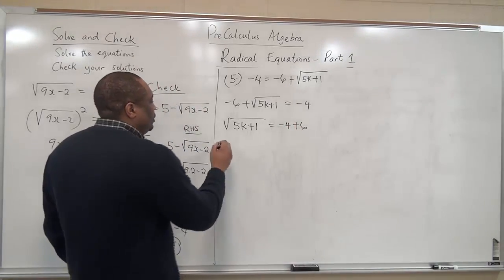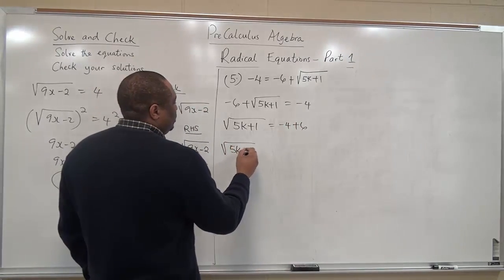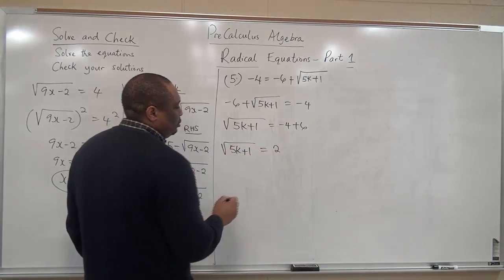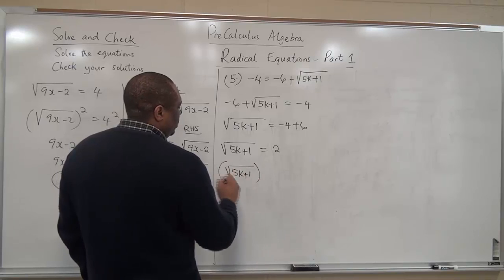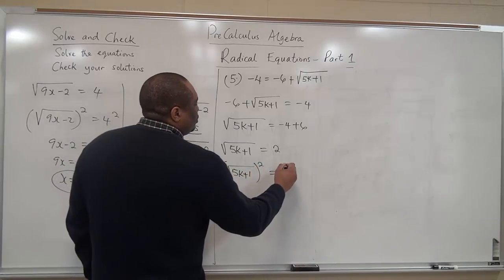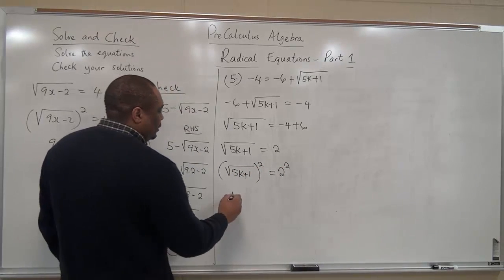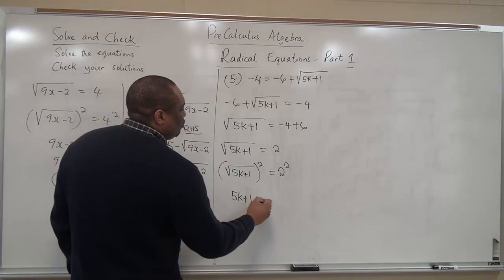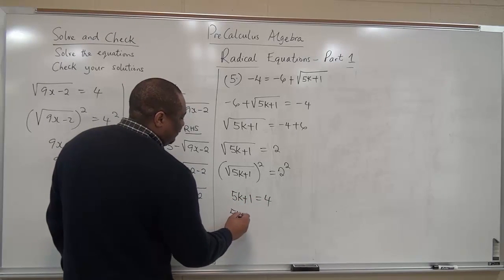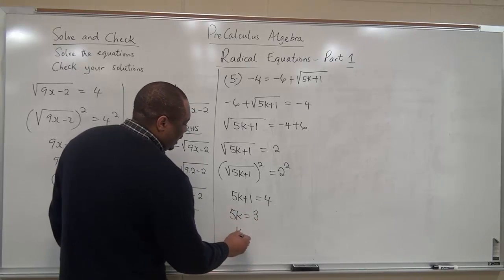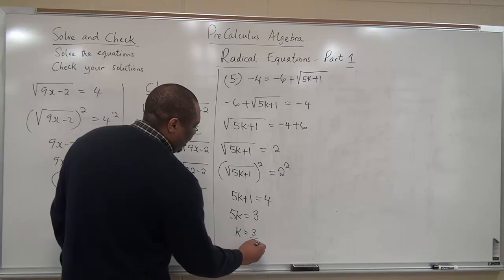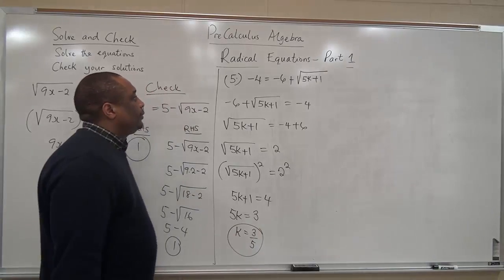Okay? So square root of 5k plus 1 equal to 2. Square both sides. Square root of 5k plus 1 all squared equal to 2 squared. So 5k plus 1 is equal to 4. 5k is equal to 4 minus 1, which is 3. And k is equal to 3 over 5.